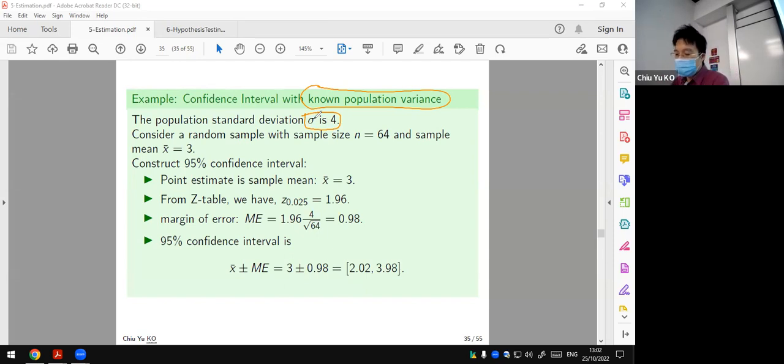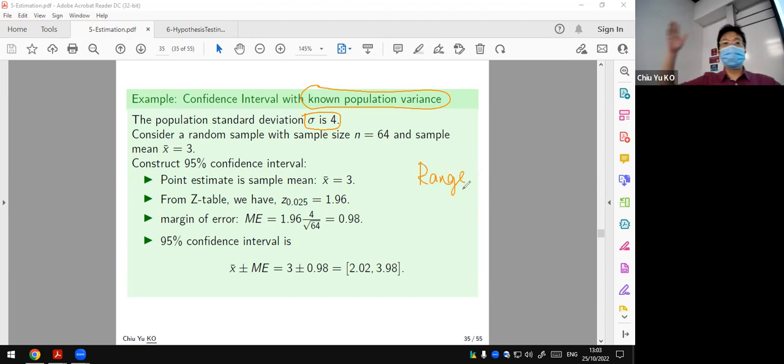Sometimes there's some way to estimate sigma, and how you would do that is look at the historical data. You look at the range. Range is the biggest minus smallest.